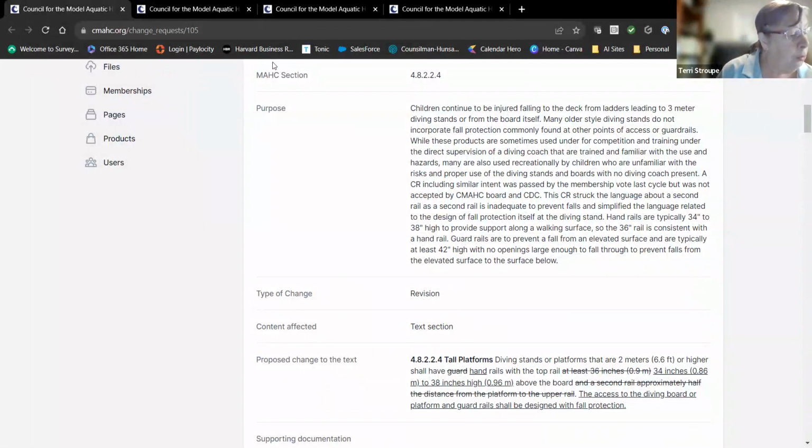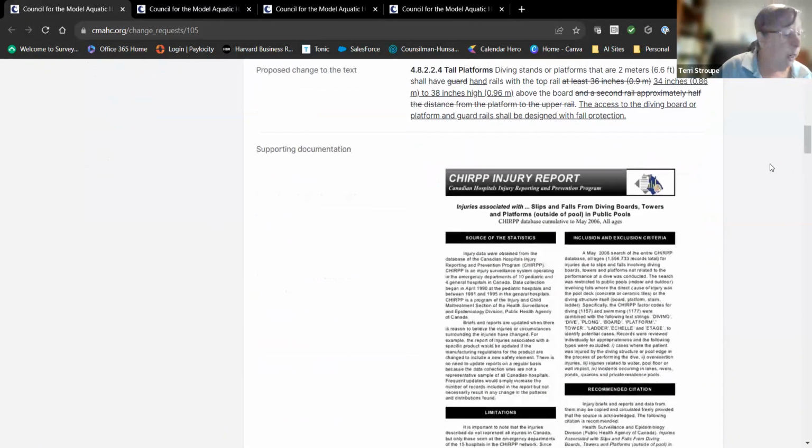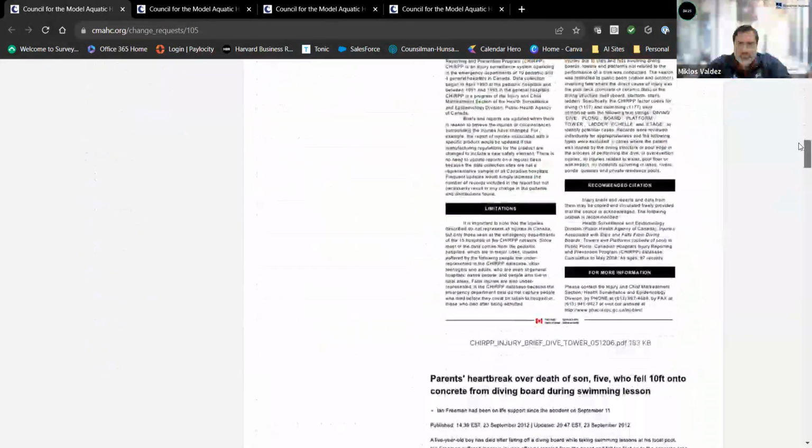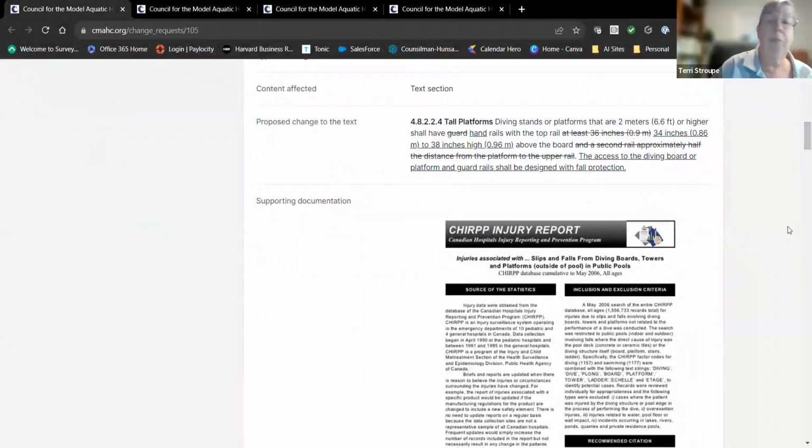But they struck the language for the second railing to prevent falls. You'll notice in the proposed language text, if you scroll down just a little bit, basically they're trying to find a way to avoid kids from falling off these diving boards. So they struck the language of the second railing, which was problematic in the last go round, and basically revised it with simpler language.